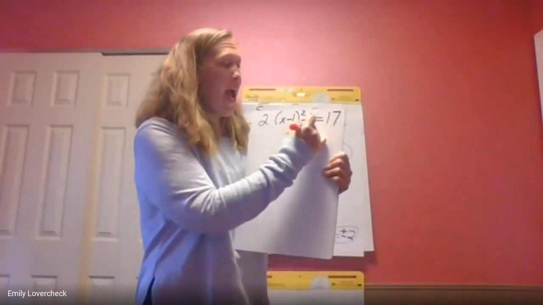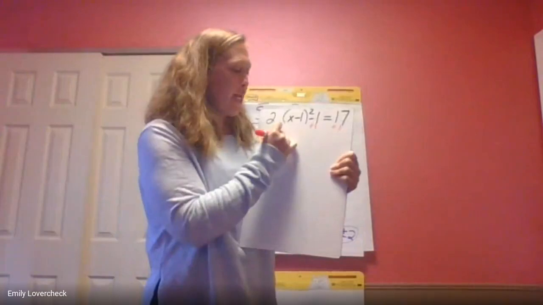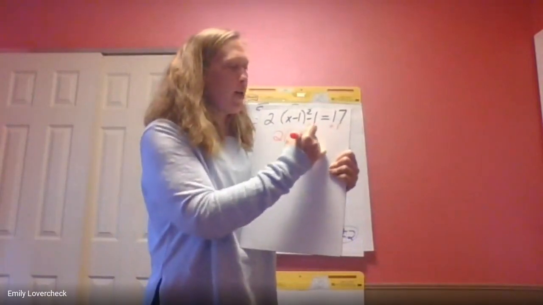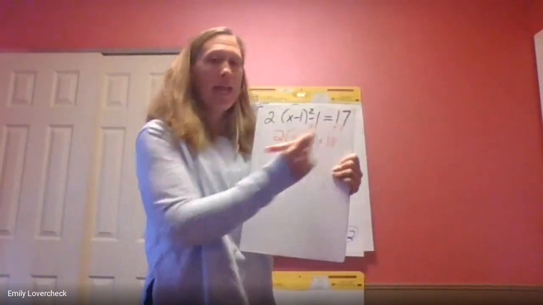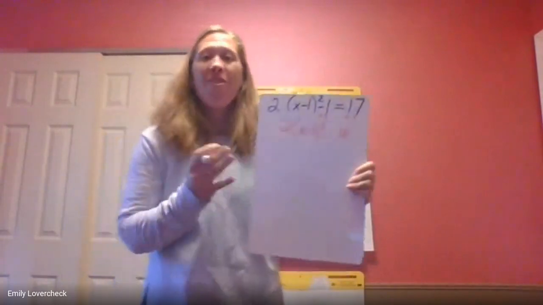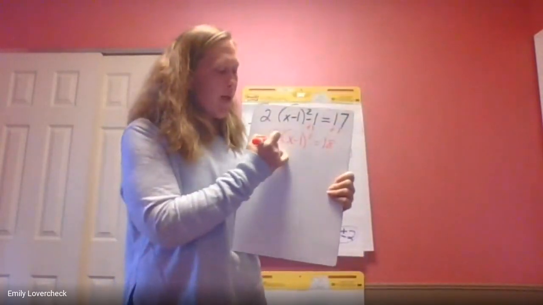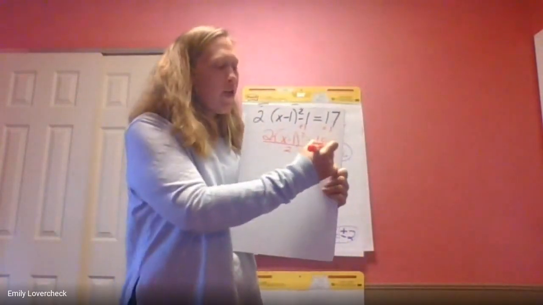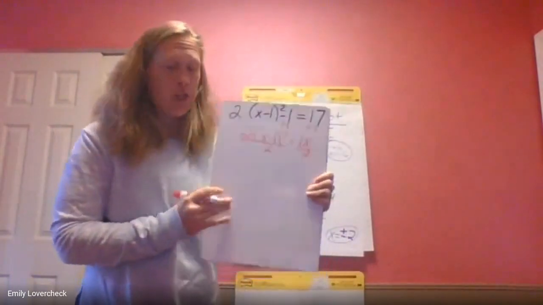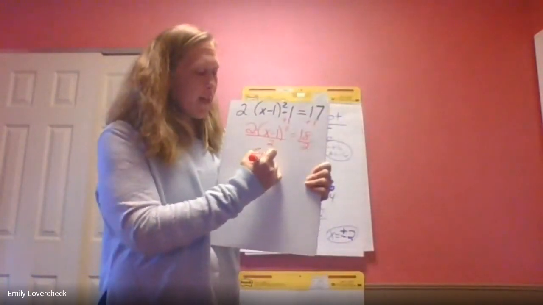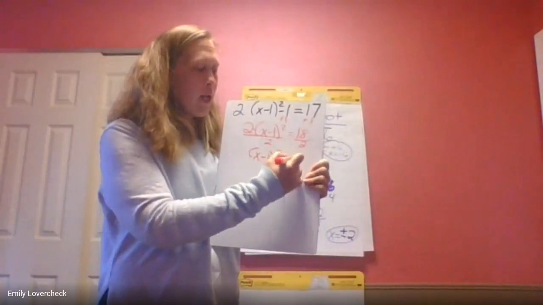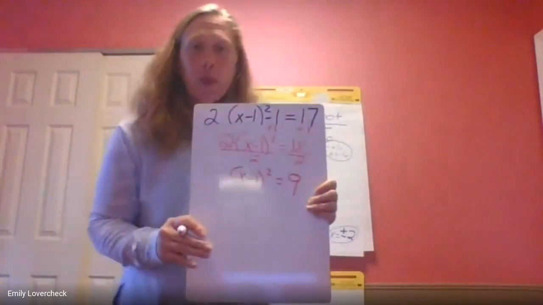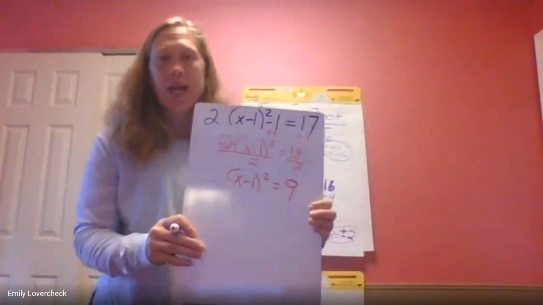So to do that, I'm going to add 1, and I get 2 times x minus 1 squared equals 18. Then from there, again, there's an imaginary multiplication sign there, so I'm going to divide both sides by 2. And I'm left with x minus 1 squared equals 9.